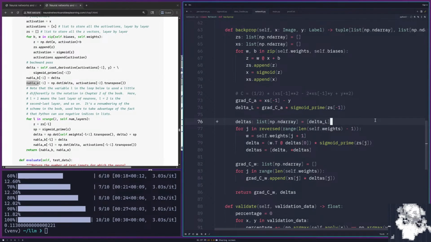That means I might be missing the last W. No, I don't think so. I think I'm still getting them all, because I'm iterating over all of the weights here. So I don't think I'm missing any W's.